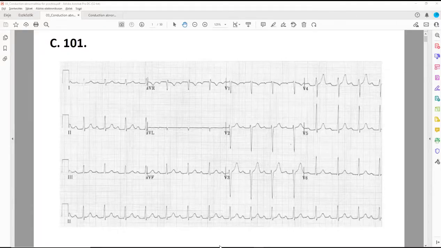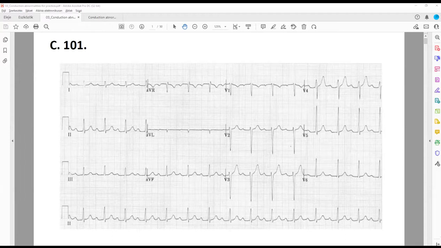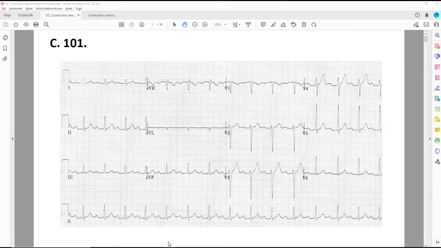101, that's the first one. I share my screen, and I don't know who has this 101. Can anybody recognize this? I can find who had it. EKG, group 10, and that's the third homework.